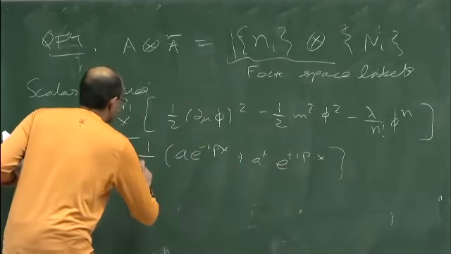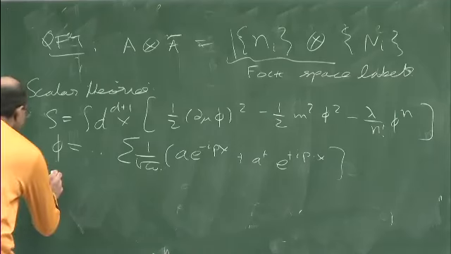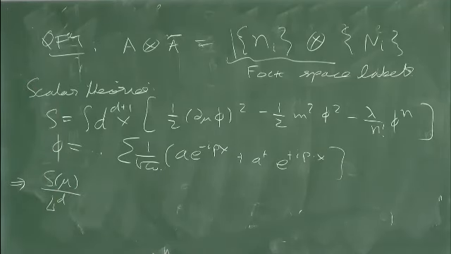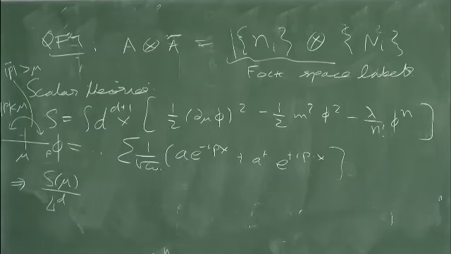There's some normalization, with square roots of omegas and stuff, the standard canonical expansion of a field. Then you can do some work and show that there's the following expression for the entanglement entropy density at the end of the day. Here I imagine that this is the momentum, and here is mu, the cutoff. I want the entanglement entropy between momenta which are less than mu and momenta which are bigger than mu. Okay?